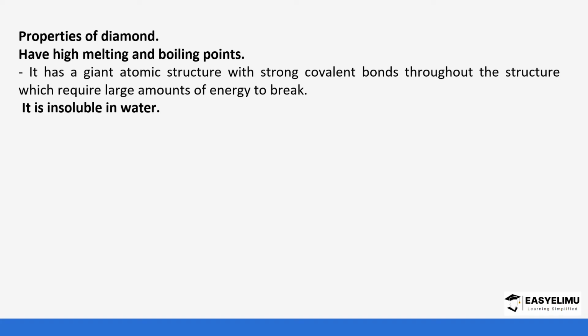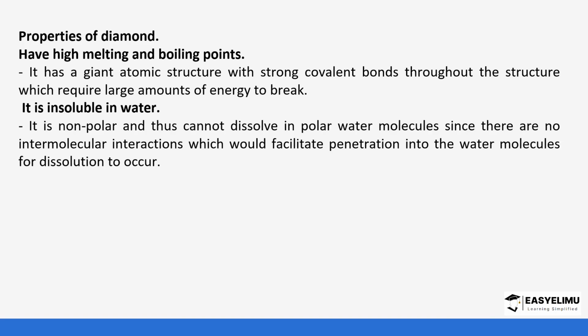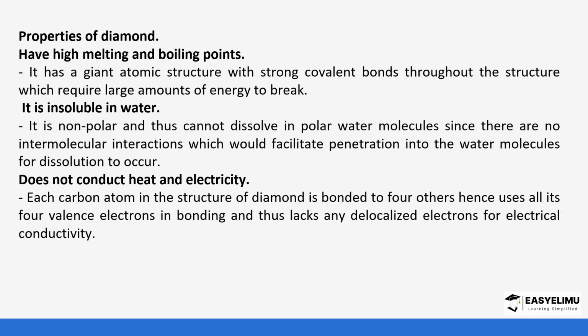Then diamond is also insoluble in water because it is non-polar. Diamond does not dissolve in water. Water is polar, and we said non-polar and polar substances cannot mix because there is no dissociation of ions that can attract each other. And then diamond does not conduct heat or electricity.